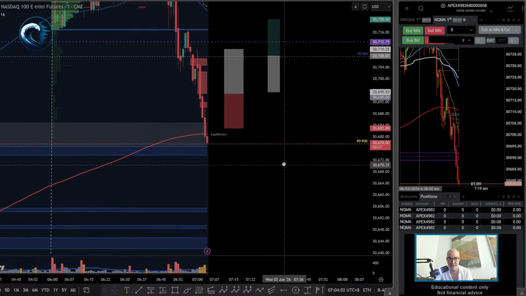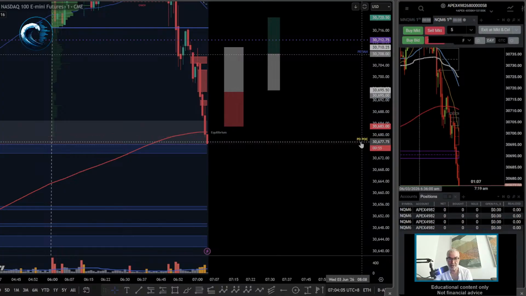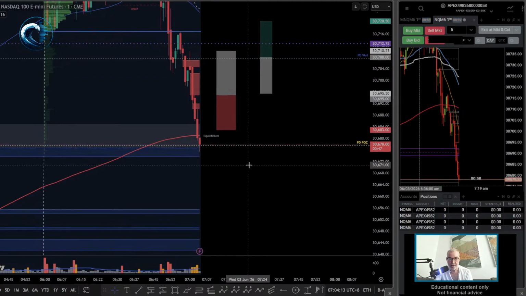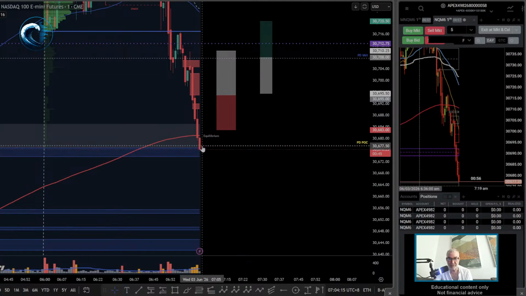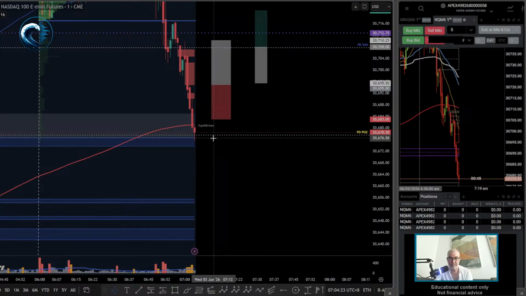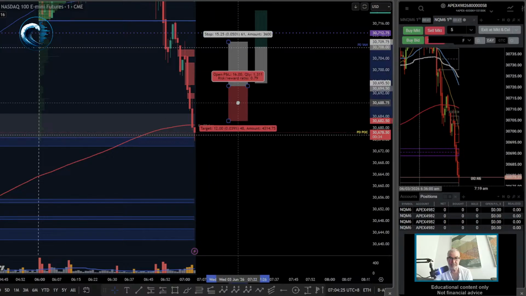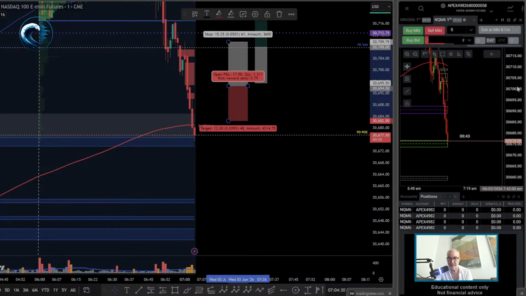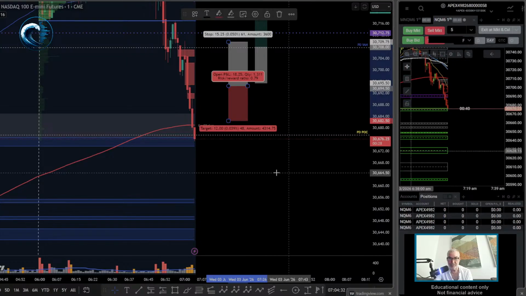All right, so we've hit the POC. We're going to go through, and again, I'll just watch these first couple of candles, and then I'll decide if I want to go short still, continue down. She looks bearish.